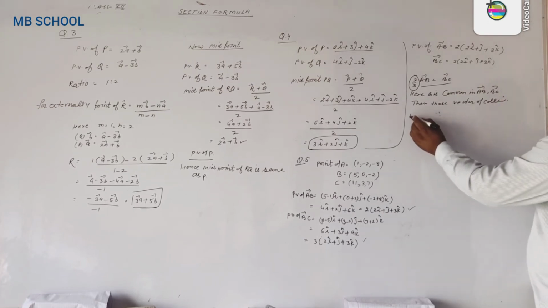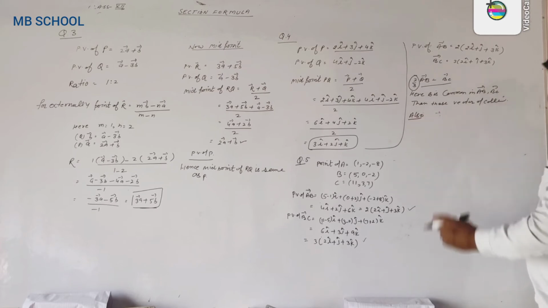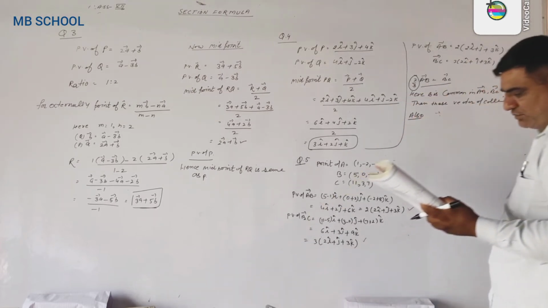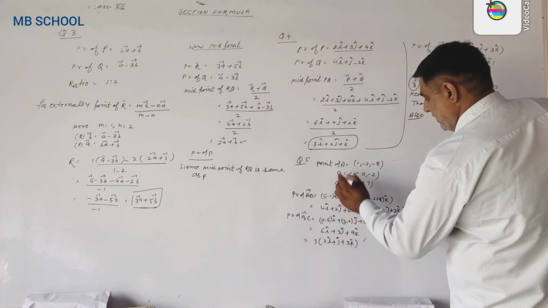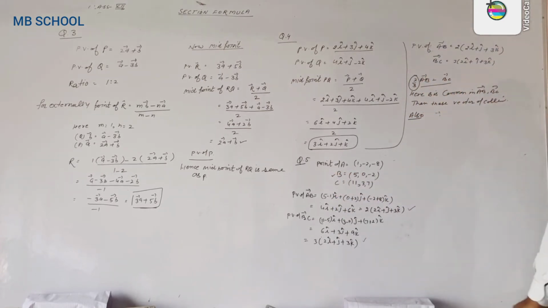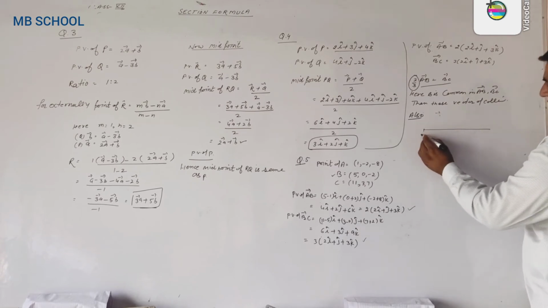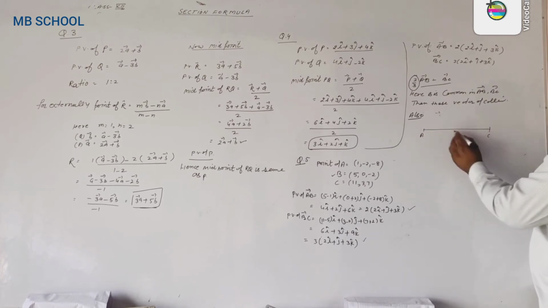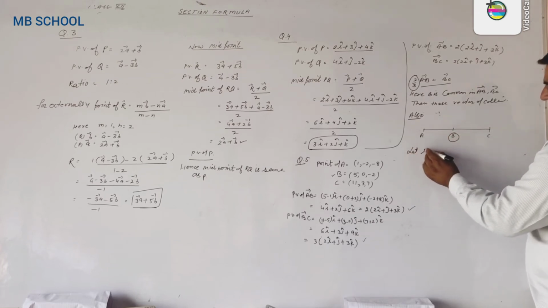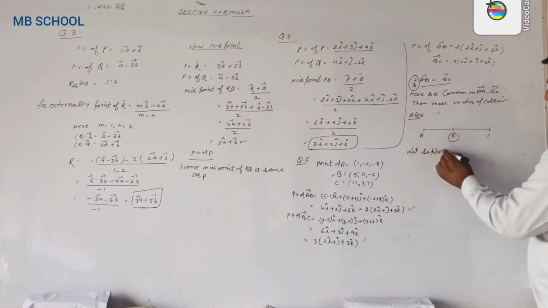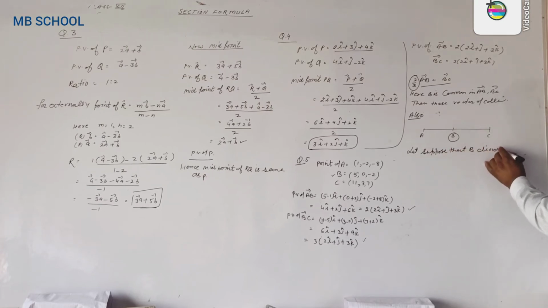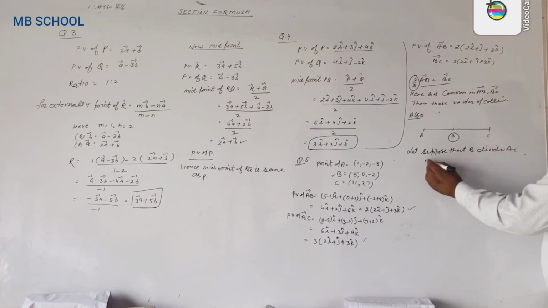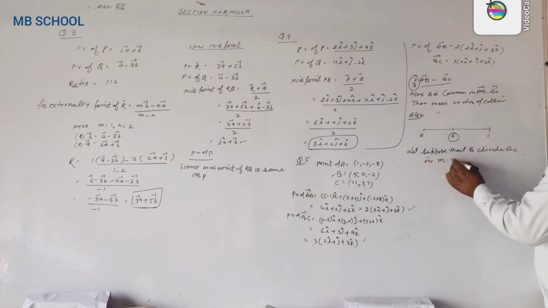Also we have to find the ratio. Find the ratio in which B divides AC. Here vector B divides AC. So this is point A, this is C, and this is B. Let us suppose that B divides AC in the ratio m:n.